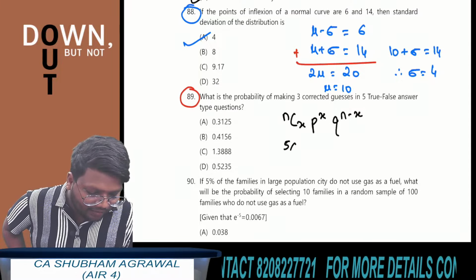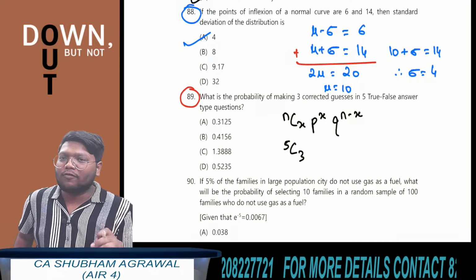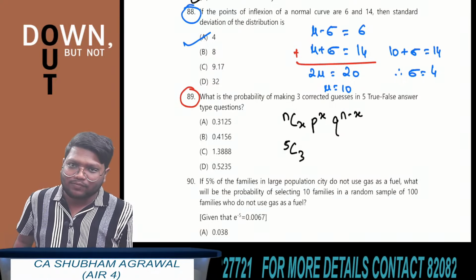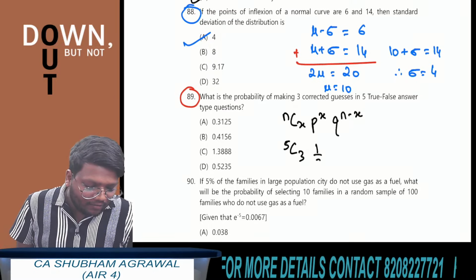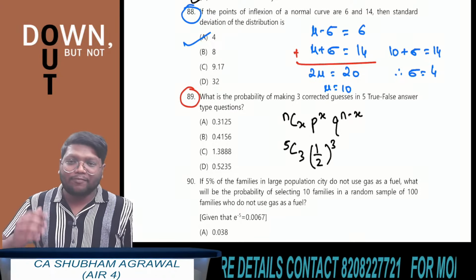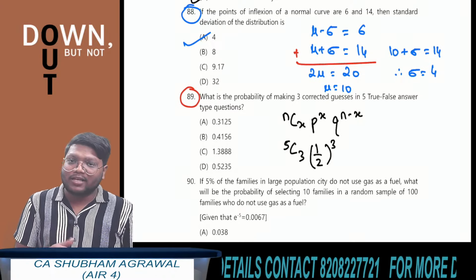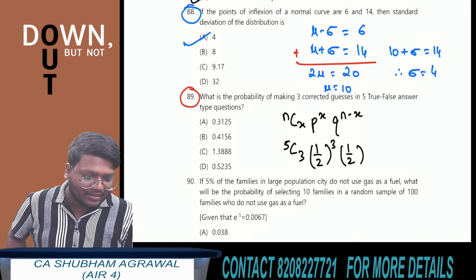I am writing here 5C3. What is the probability that the answer of a true or false question is correct? 1 by 2. So the probability of success is 1 by 2, and I am writing 1 by 2 to the power x, which is 3. What is the probability of failure? If the probability of success is 1 by 2, then the probability of failure is 1 minus 1 by 2, which is again 1 by 2. 1 by 2 to the power n minus x, 5 minus 3, which is 2.